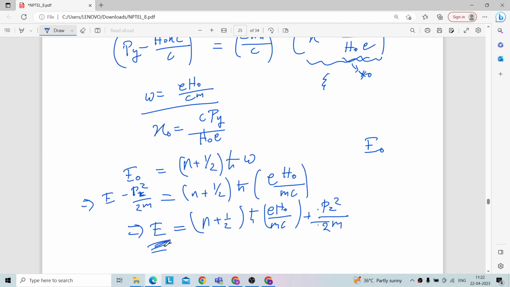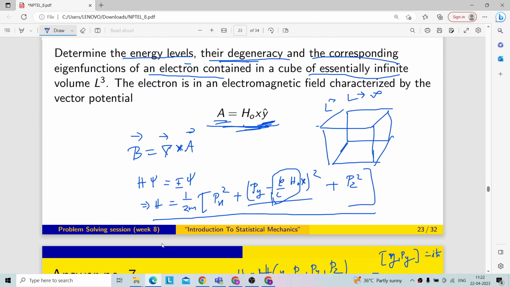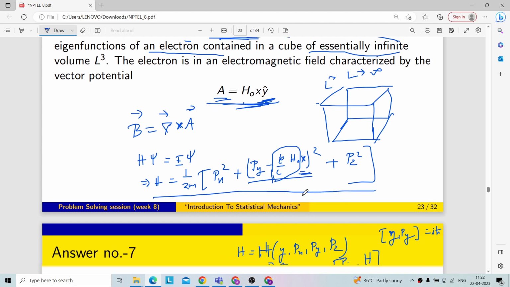Now I need to find the eigenfunction. So you see, in this equation there is no y or z dependency, there is only x dependency in there. So I can take py H commutation as 0 and pz H commutation as 0, right. So my py, pz and H will form a complete set of solution.